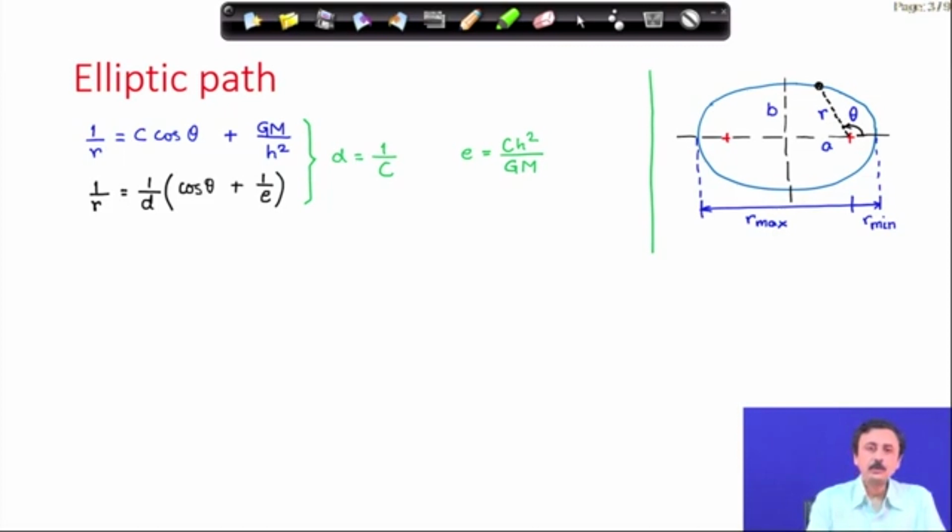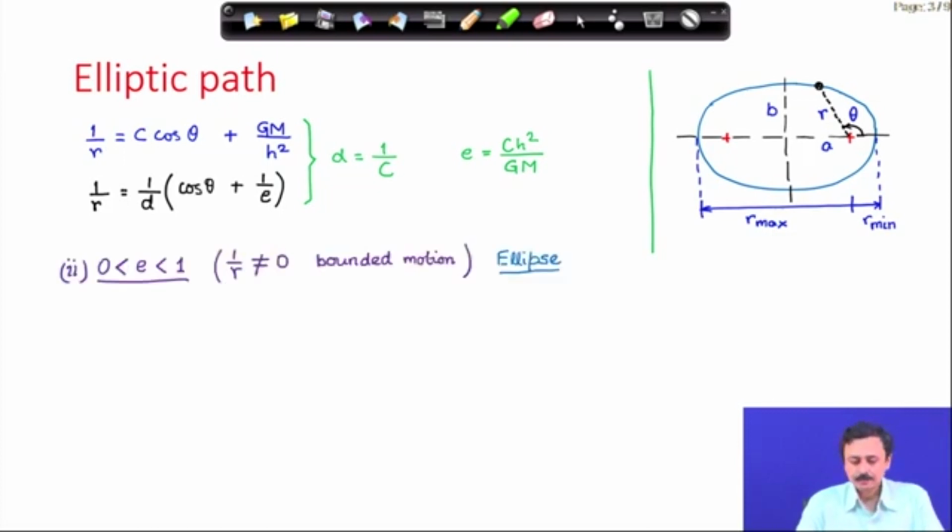To have a match you must have this d in the conic section expression equal to 1 over c, which was the amplitude constant of integration, and eccentricity as c h square by g m, and the product E d is h square by g m.